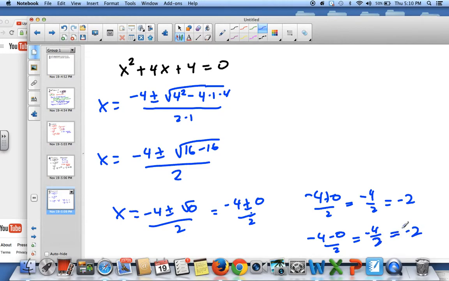So there's two ways of wording it. There's two real solutions that are equal, or realistically there's just one solution because it's the same number. Okay, and if I said the nature of the solutions, we'd say discriminant.